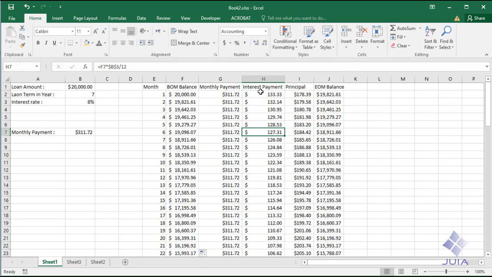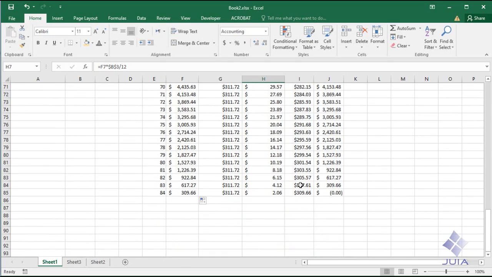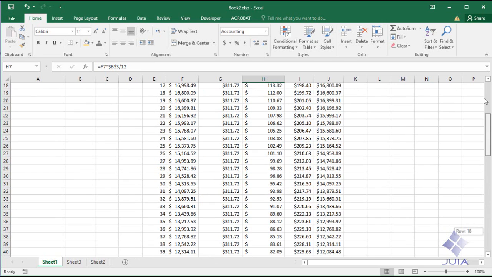As you can see, your interest payment is dropping as we go down and the principal is increasing. And if you go further down, you will find that most of your last month's payment goes to principal and just a little to interest. We can see this in a graph.